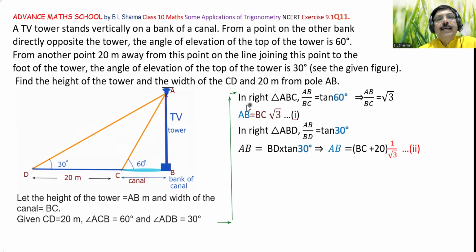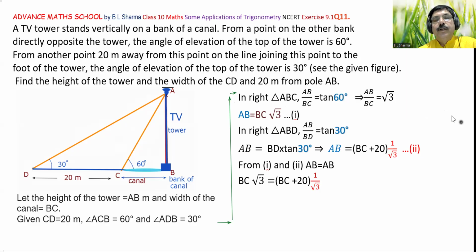यहां पे आप देखेंगे कि this is AB, this is also AB. From first and second, since left hand side is same, so right hand side is also same. So left hand side is BC root 3 and right hand side is BC plus 20 into 1 upon root 3.